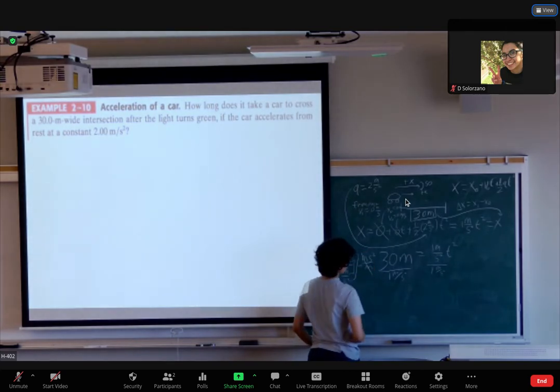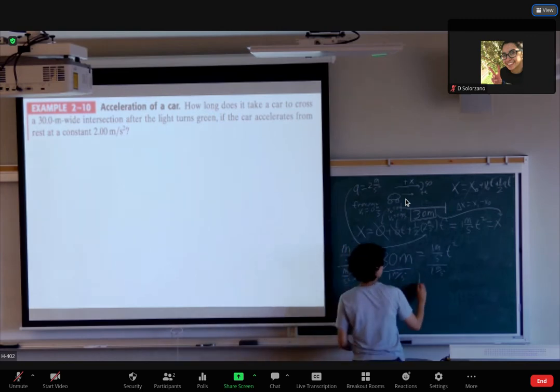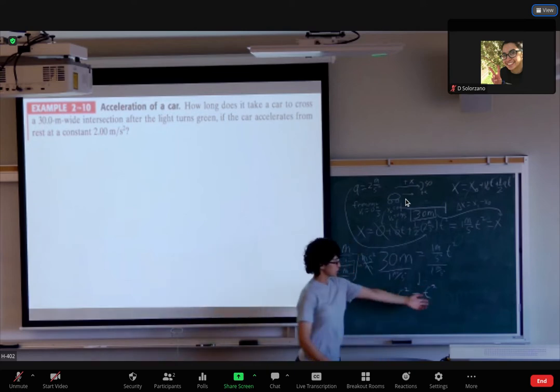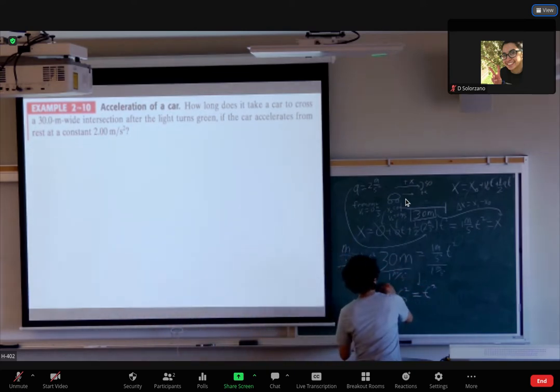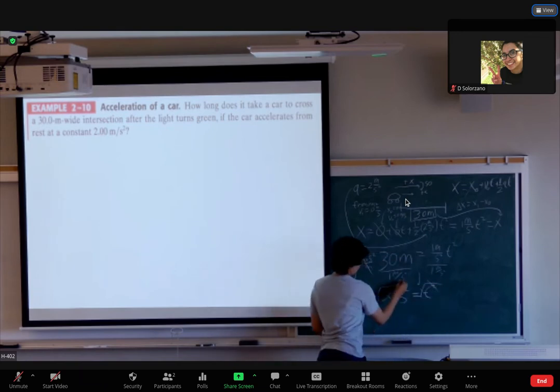These meters are going to cancel out, right? So then that gives you 30 seconds squared is equal to t squared, right? The time's in seconds, and this is a second squared. You got to square root it. Also, you've got a square there, so you got to cancel that out.